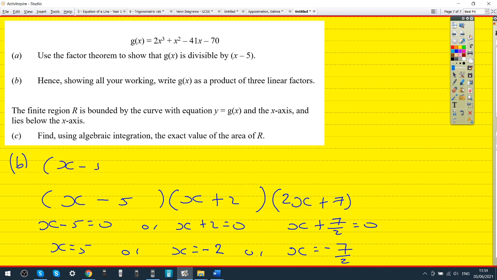Would it be 3x squared? 2x squared, plus 7x, and then plus 4x. 7, 8, 9, 10, 11. And then plus 14.